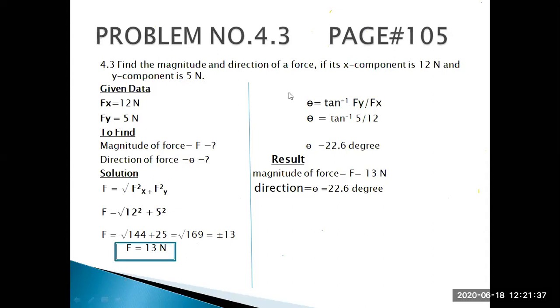Now I will find theta, which will give me the direction of the force. This formula is also on page number 90.